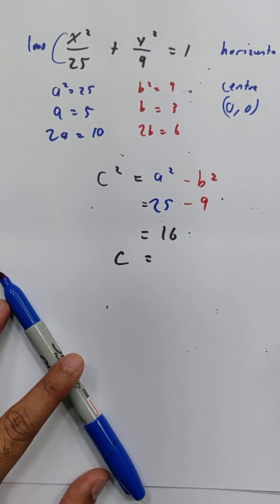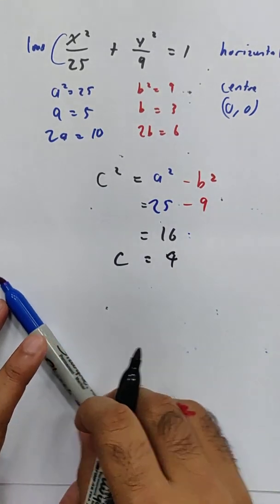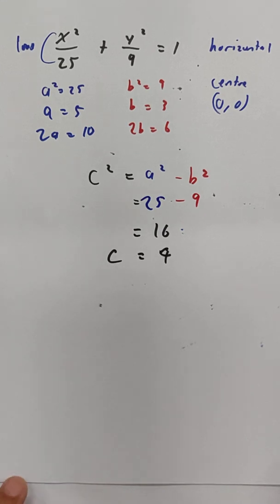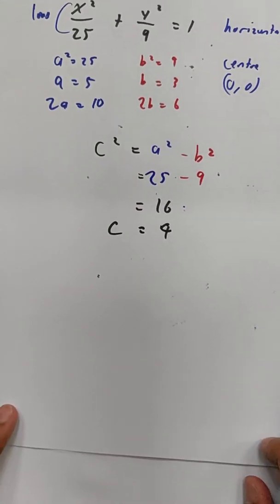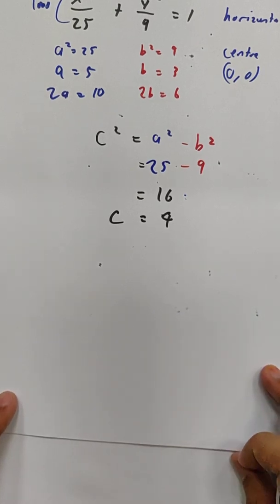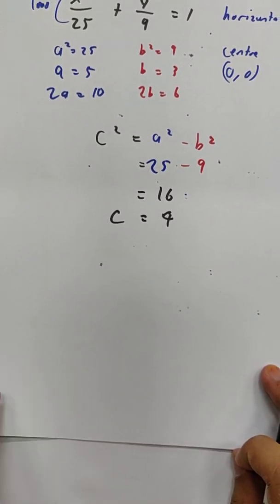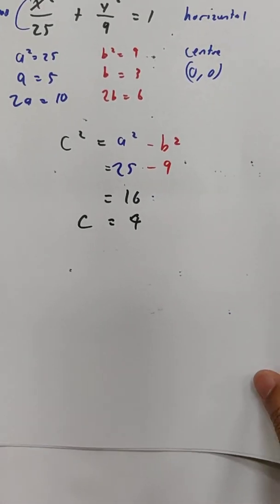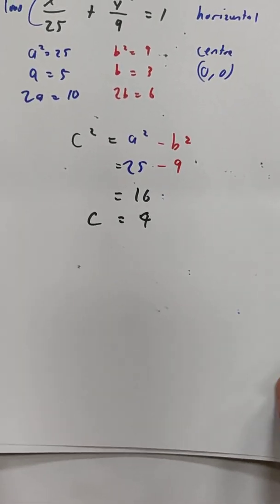So c equals, should I take plus minus 4? Should I just take 4? I don't think it's much of a difference, because I can say I want to take c as a length, so I want a positive length. Although you can say a negative displacement gives you an opposite direction. I don't care much about it.